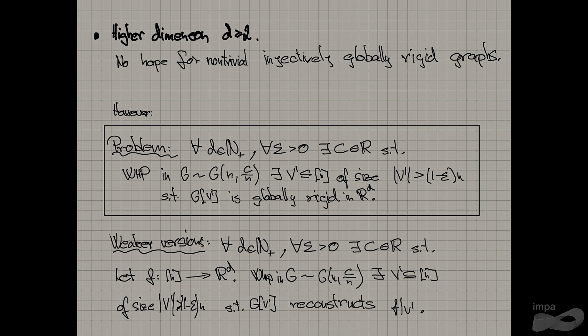And the question would be, what's the probability which you require so that you can reconstruct in 2 or 3 dimensions almost everything? And now I'm talking about injective point sets, so not generic, but injective.